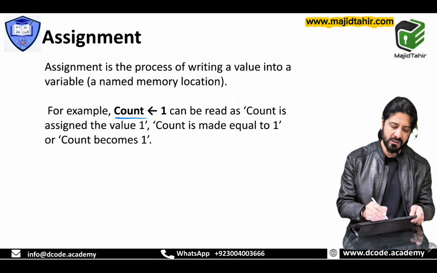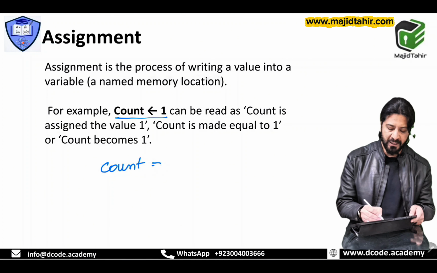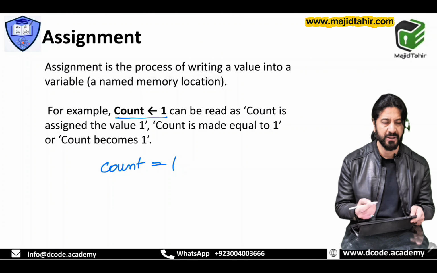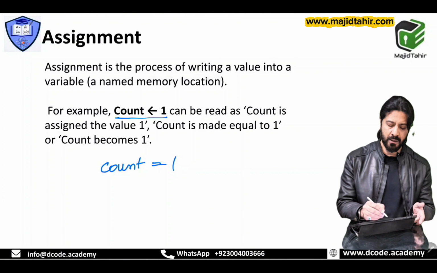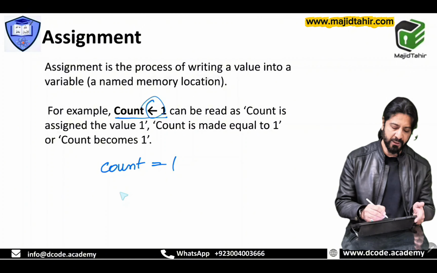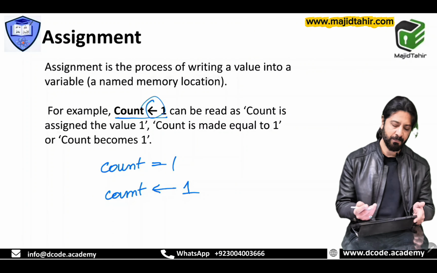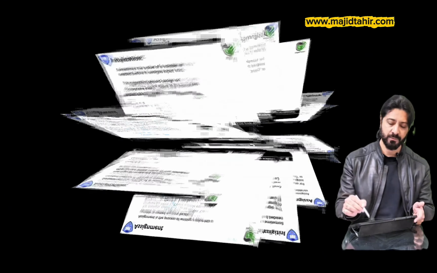For example, count is equal to 1. You can also write count is equal to 1, which is also understood and correct in pseudocode, but this is called the assignment operator. So count is being assigned a value of 1, meaning that 1 is given to count.